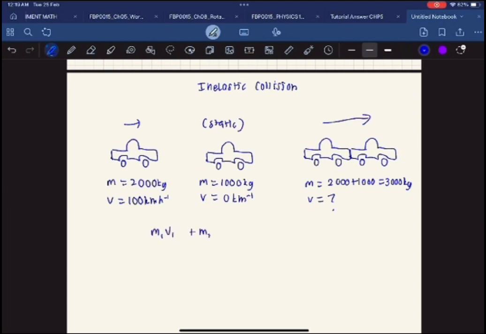First of all, we will use the inelastic collision formula, the formula for momentum. Now we will add all the values that we have already stated into the formula.